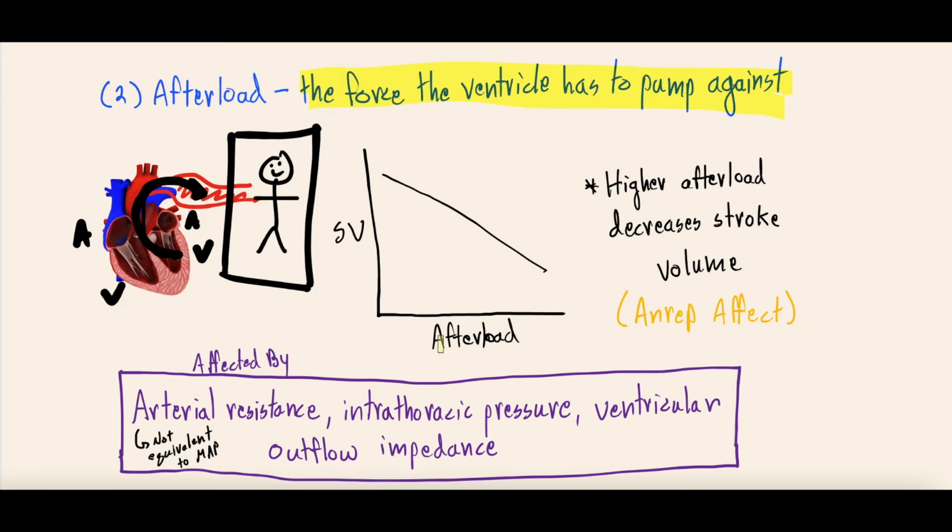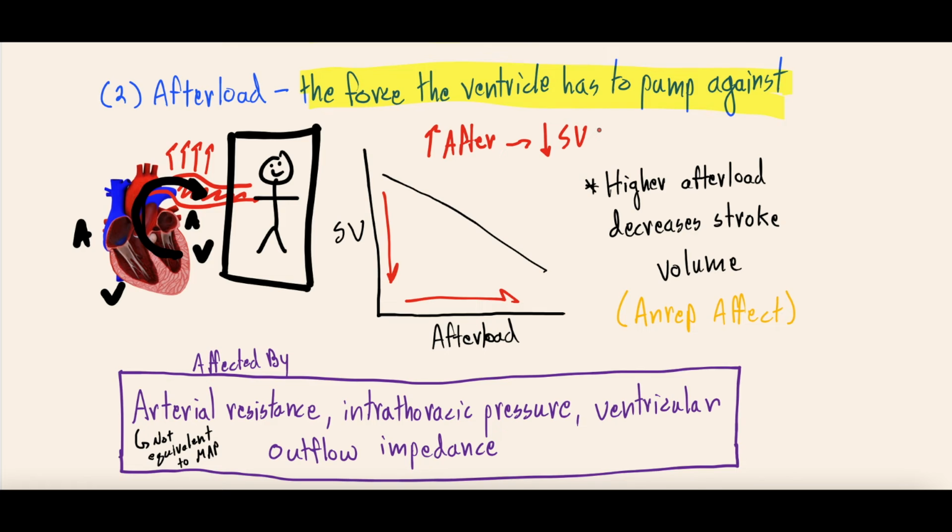And as one can imagine, as your afterload increases, right, we can see that here, your stroke volume decreases because this ventricle is having to pump against higher and higher afterload pressures, and as such it can't pump as much blood out. So as your afterload increases, we'll just write afterload, your stroke volume decreases.